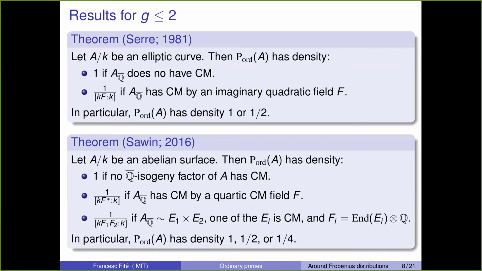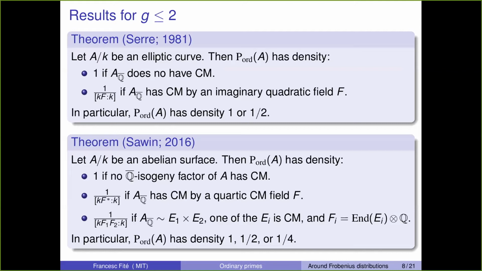And he distinguishes 2 more cases: the case in which A has complex multiplication by some quartic CM field. In this case, the density is essentially 1 over the degree of the reflex field attached to the quartic CM field.